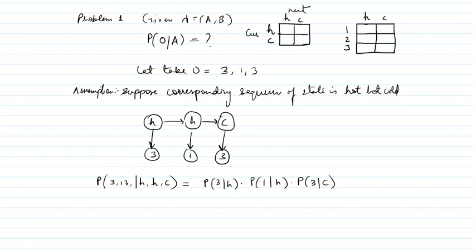But the problem is that we don't know whether this is the sequence of states or there is another sequence of states. So what we are required to do is compute the probability by summing up the probabilities over all the possibilities of states, right? So we will be doing it like this.